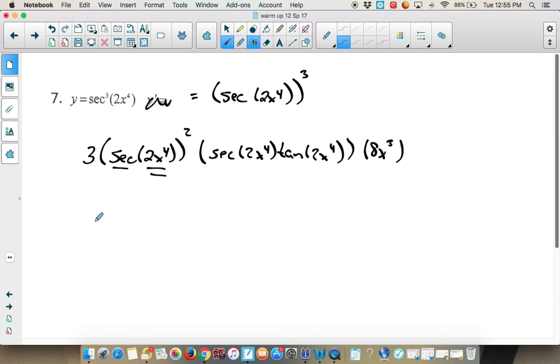Okay, I'm going to clean that up as an answer. That'll be 24x cubed. And then I actually have secant squared of the 2x to the 4th and another secant, so I actually have 3 of those. And then I have just 1 of the tangents.